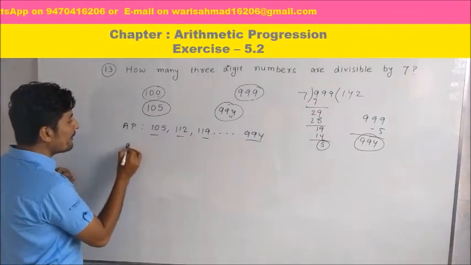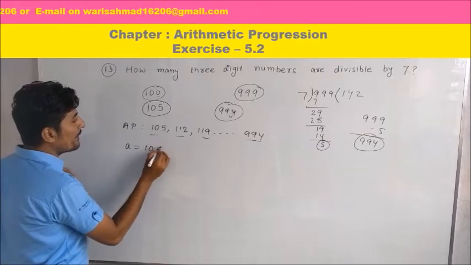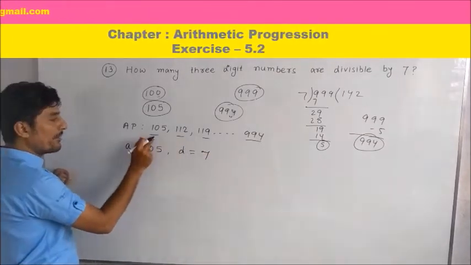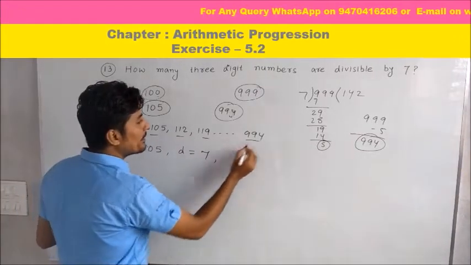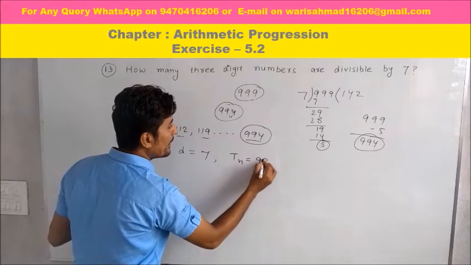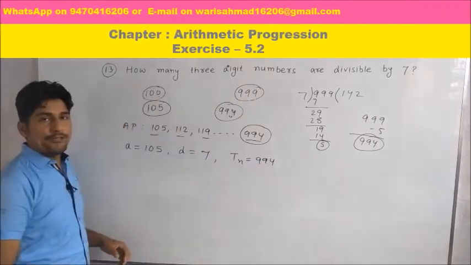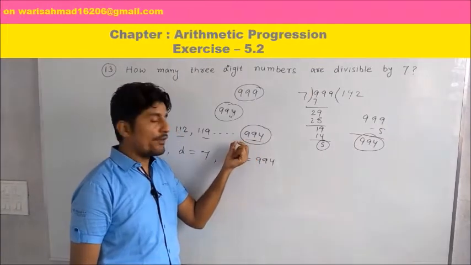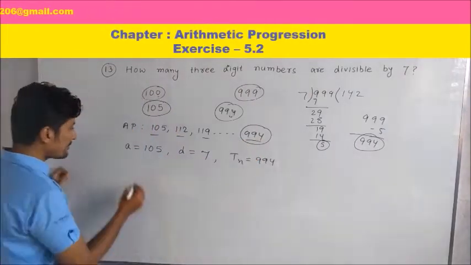Here in this AP, the value of a is 105 while the value of d is 7, since 112 minus 105 equals 7. The last term is Tn, the nth term of the AP, which is 994. Now we have to find the position of this term, the value of n.